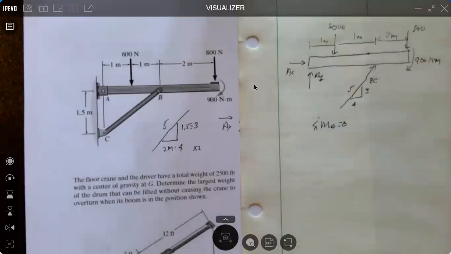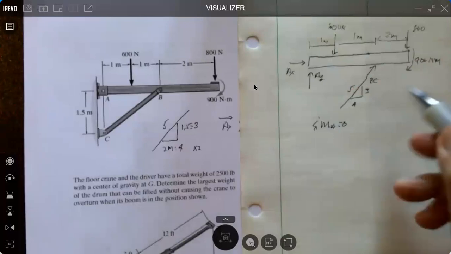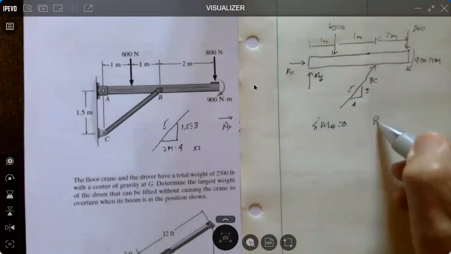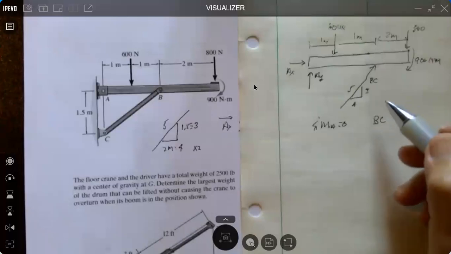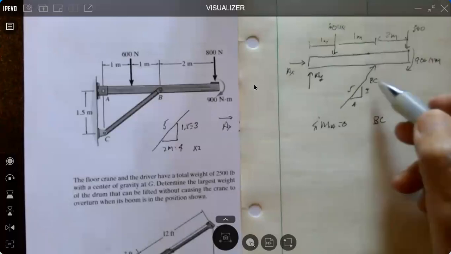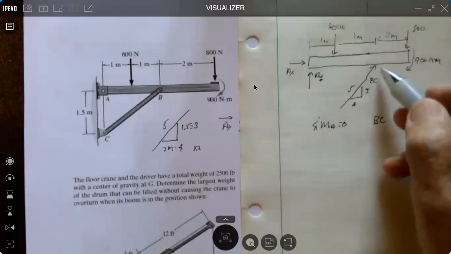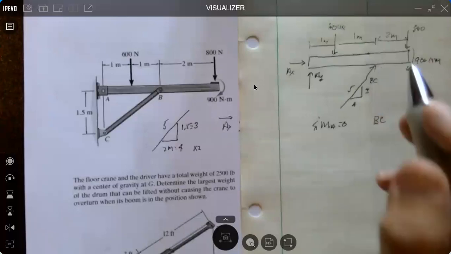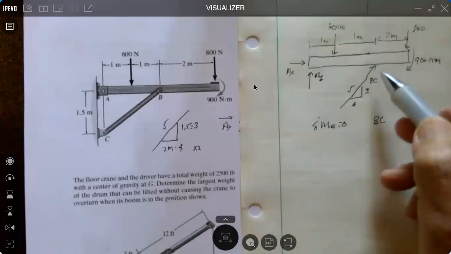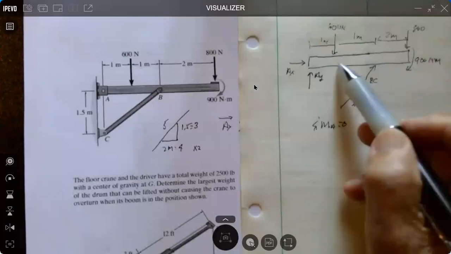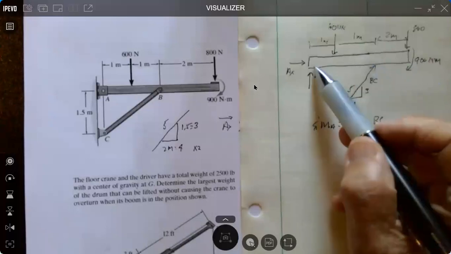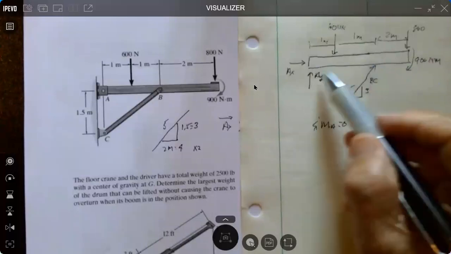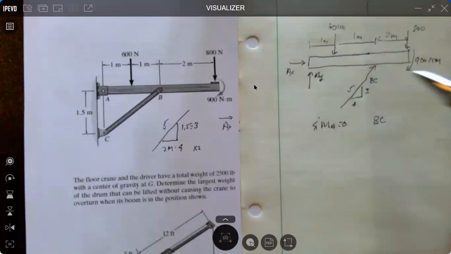And so I have the force in BC, and we need both components. I'm going to do the horizontal. Let me just say that the horizontal component through here is going to pass through this support, and so the horizontal component won't create any moment.